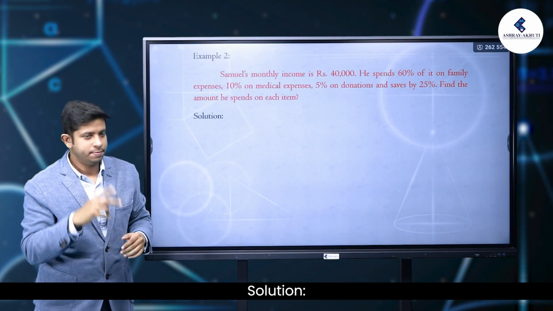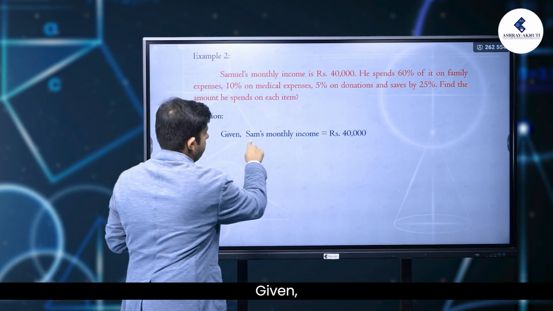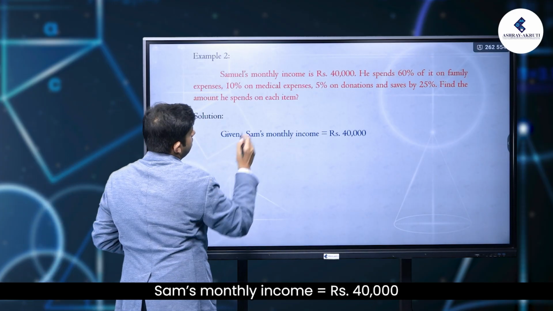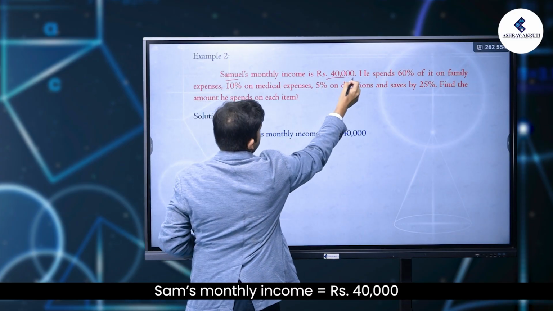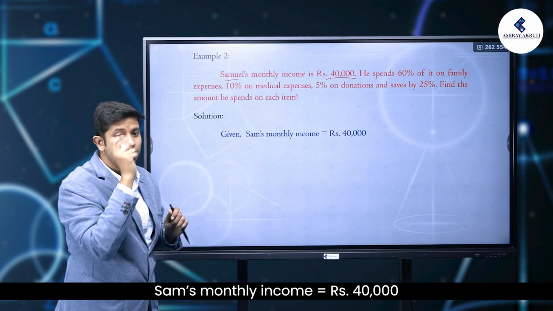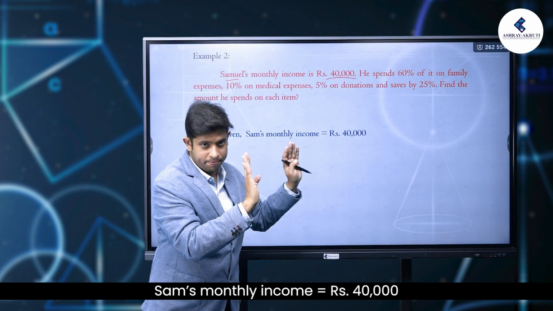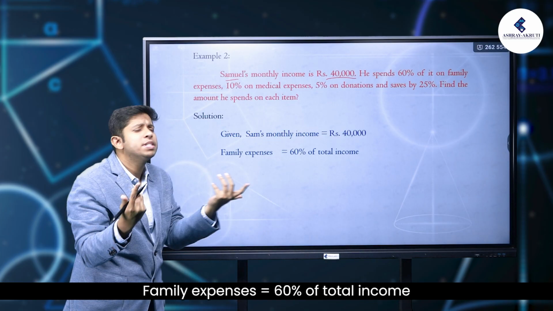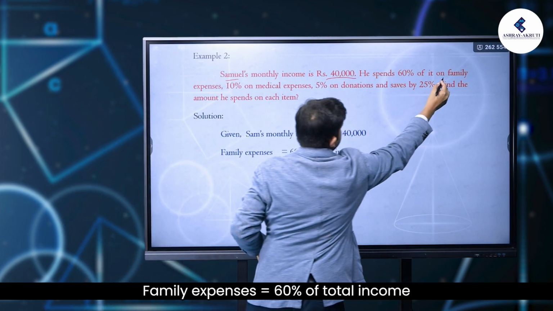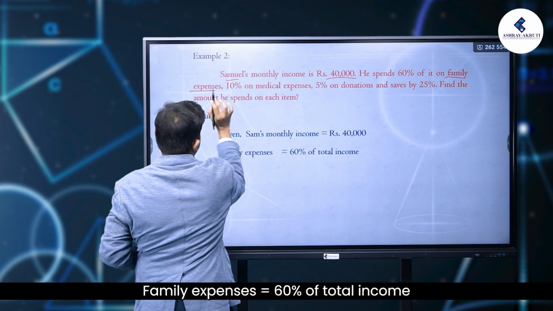Solution. Given: Sam's monthly income is equal to Rs 40,000. Family expenses equals 60% of total income.